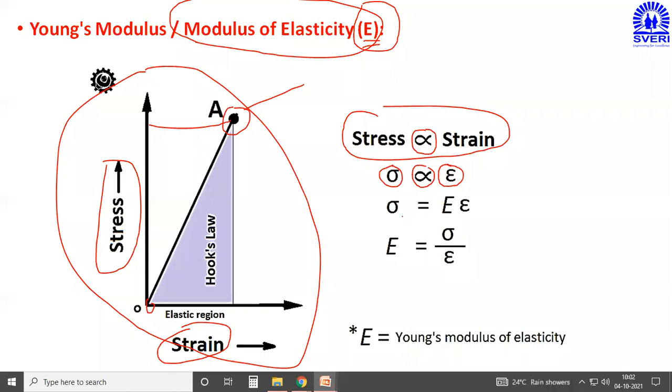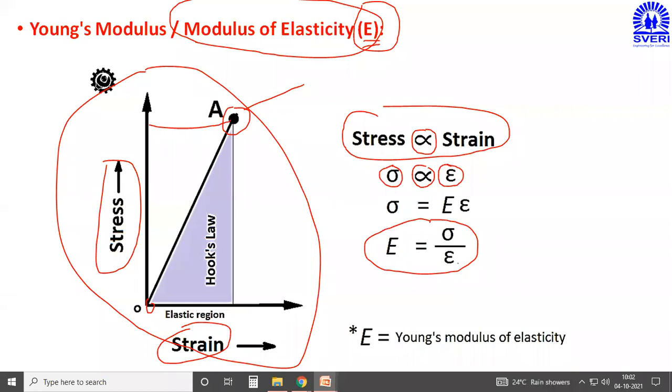So what I have done? Sigma is equal to capital E into epsilon. Then I have written the final equation in the form of capital E, which is called stress upon strain. Means Young's modulus or modulus of elasticity, that is capital E, is equal to stress upon strain.